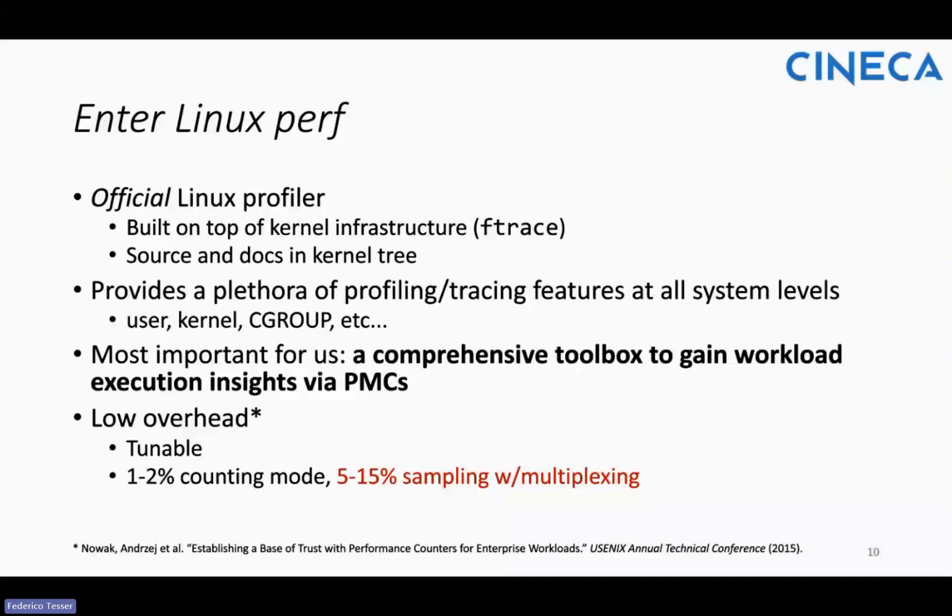It can provide you a plethora of tracing and profiling features at all the system levels, and one of the most important things is that it has low overhead, comparing the time to solution of your code with and without it. That can increase if you turn multiplexing on or off. We are going to see right now what it is.